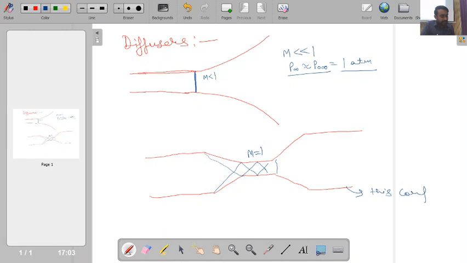In order to make a relative comparison of these two configurations, we defined one parameter which we called diffuser efficiency.